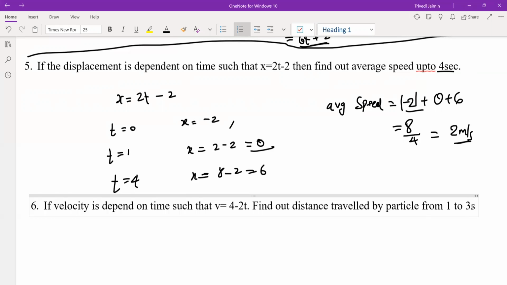They have given an equation as v, and they are asking for finding displacement, that means distance, in time 1 to 3. Yes, sir. I'm trying, sir.